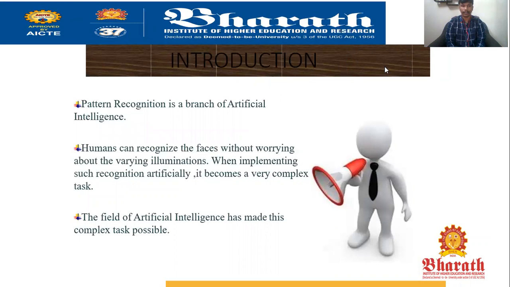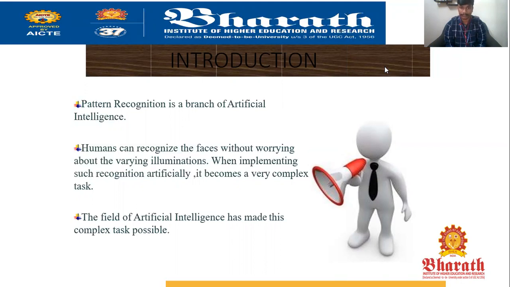Introduction: as I said at the start of this video, pattern recognition is a process extracted from the branch called artificial intelligence. Pattern recognition is a branch of artificial intelligence, and it is used to recognize, detect, or analyze according to the needs and demands of the output.